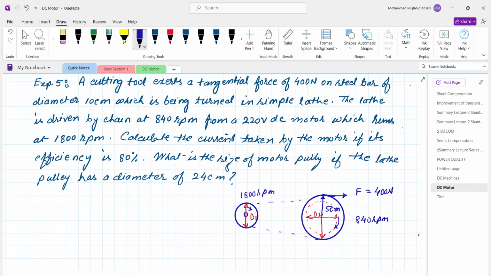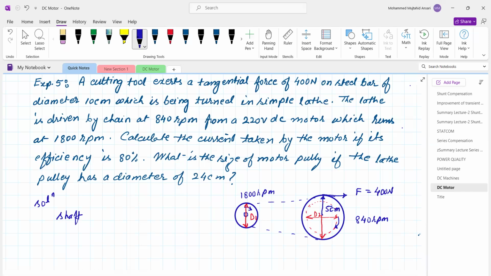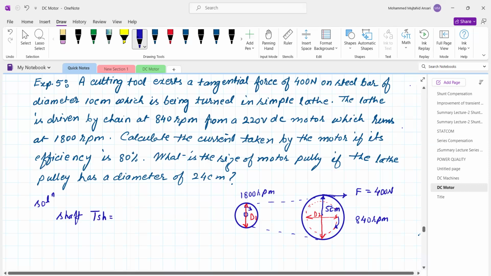First, we will calculate the shaft torque, or you can write the torque which is available on this pulley. T_SH is equal to force into distance, the radius R. So it is 5 centimeter, so 400 multiplied by 0.05.